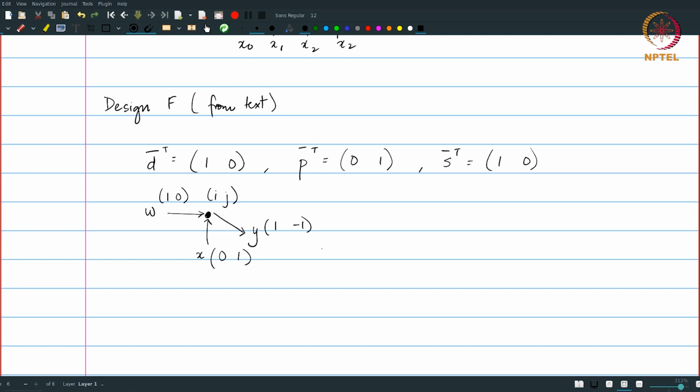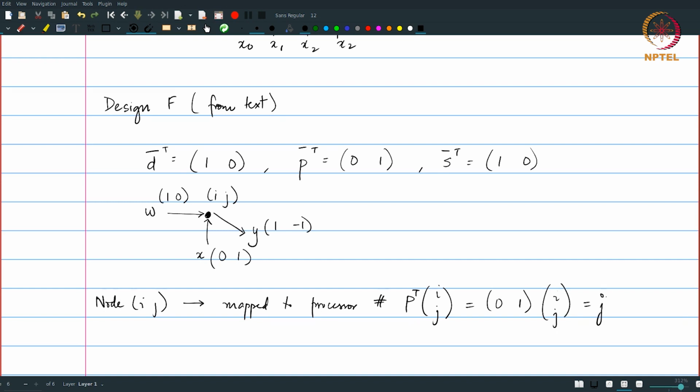So what this tells us is that the node ij is mapped to processor number P transpose into ij, which will basically be equal to 0, 1 into ij, which is j itself.